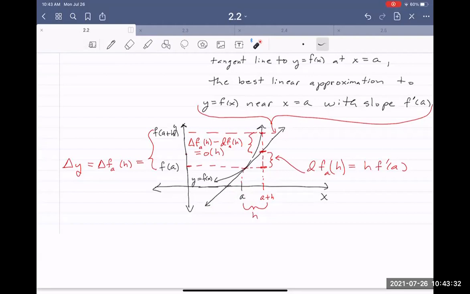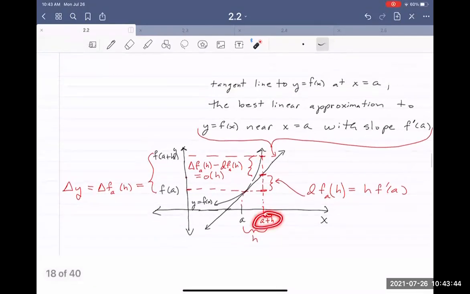At a, we have the point a, f of a. On the line, we also have the secant line. So at a plus h, this is f of a plus h. So we have some secant line here. We add to a, h.